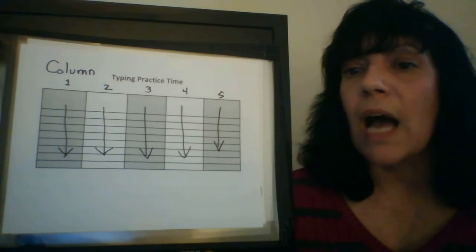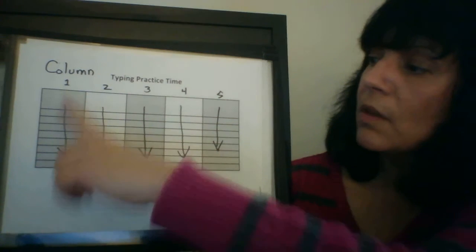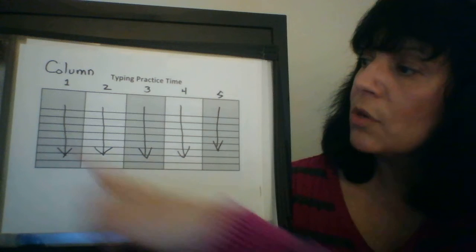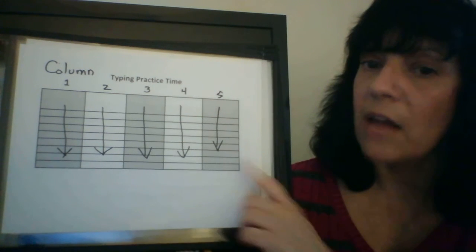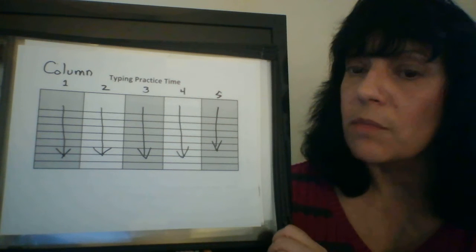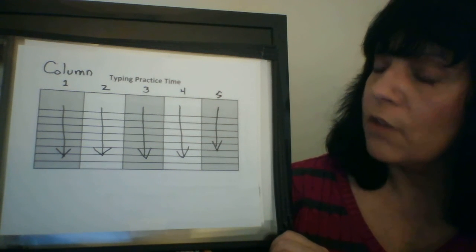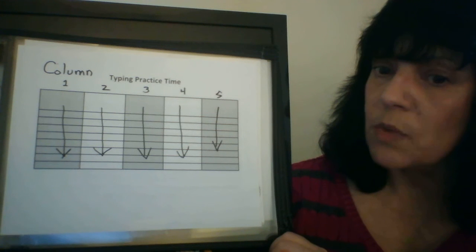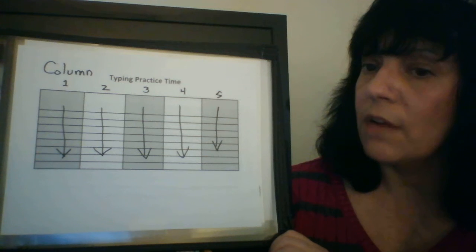Next, we'll look at the word column. The columns on this table are shown by the arrows. We have 1, 2, 3, 4, 5 columns. Each of the columns will organize the information contained in a vertical manner. That's why the arrows are facing down, the direction of the information.